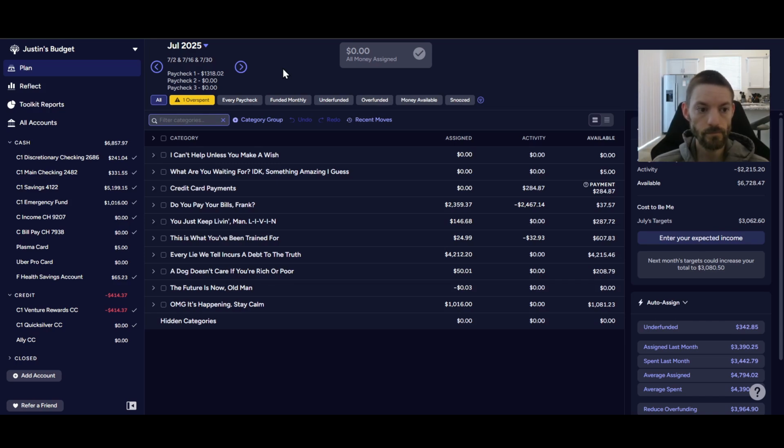I'm not quite there yet. So eventually I think I will consolidate my discretionary into a different account. But for the time being, I want to keep it separate. That way I can track my fun spending compared to all of my other spending.